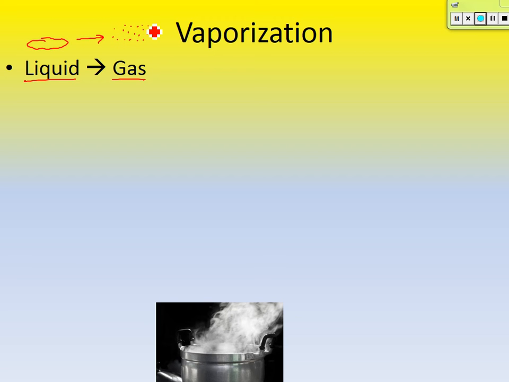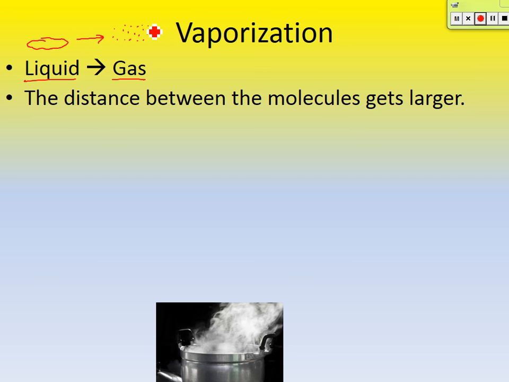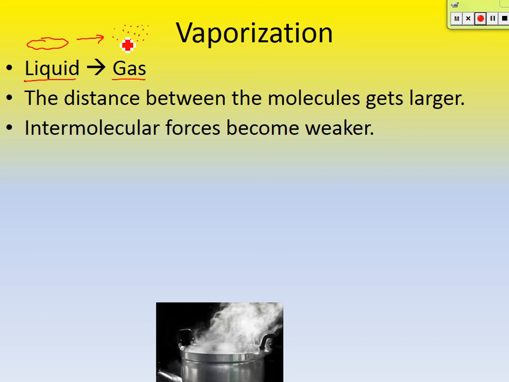Before I put it up, what's happening to the distance between the molecules when you vaporize it? The distance gets larger, right? So the distance between the molecules gets larger. What's happening to the intermolecular forces? They get weaker because you're spreading them out more. There's more distance here. The intermolecular forces become weaker.